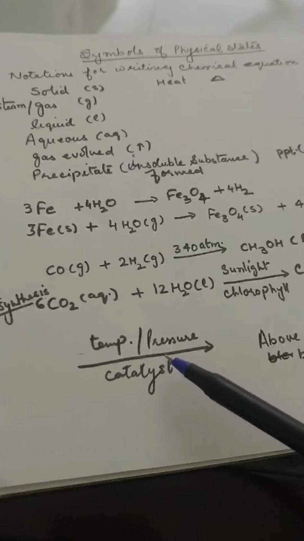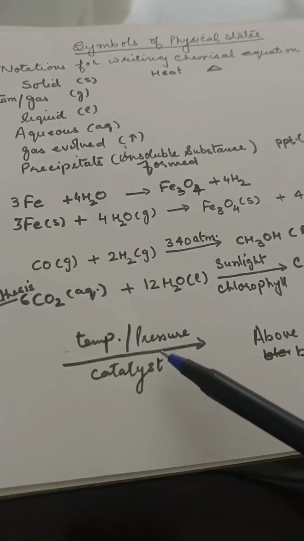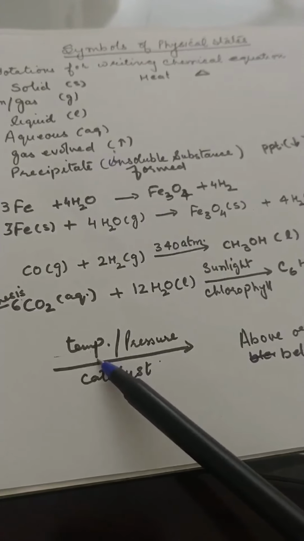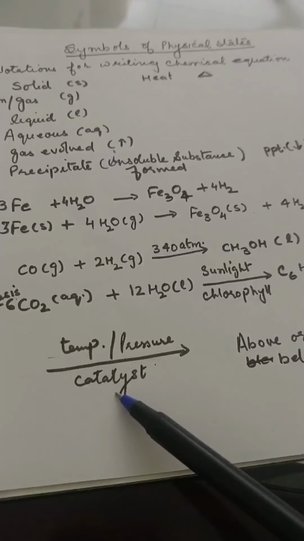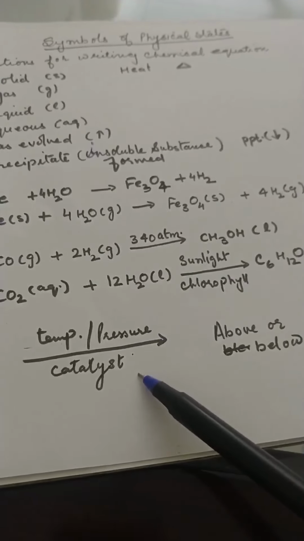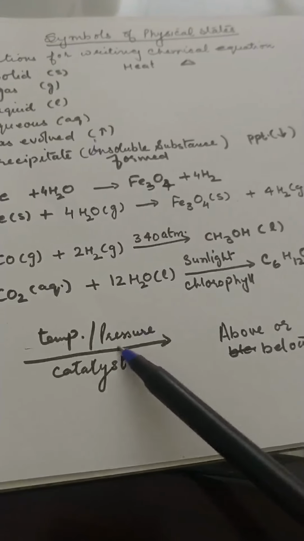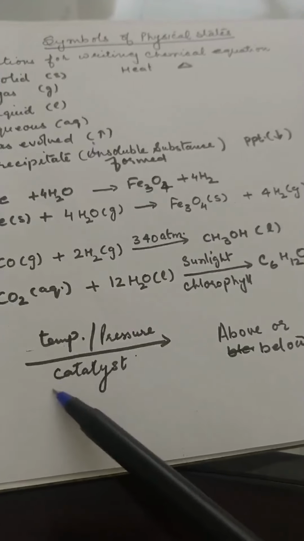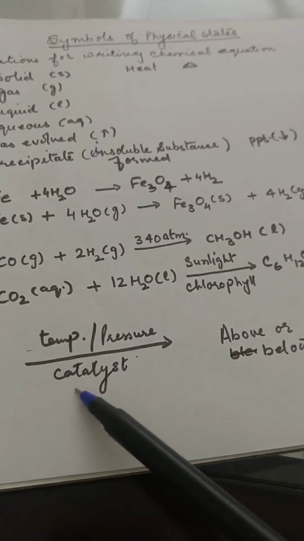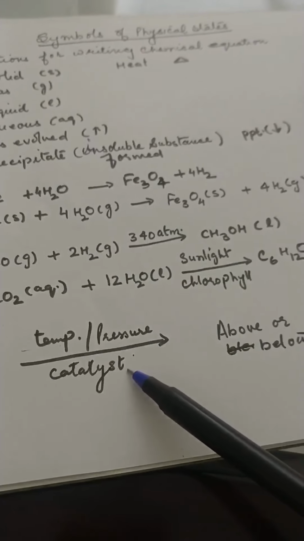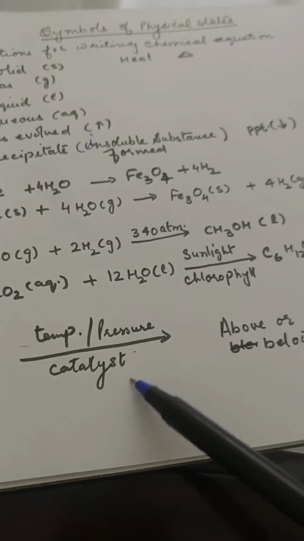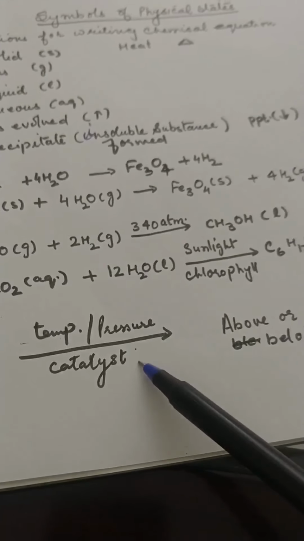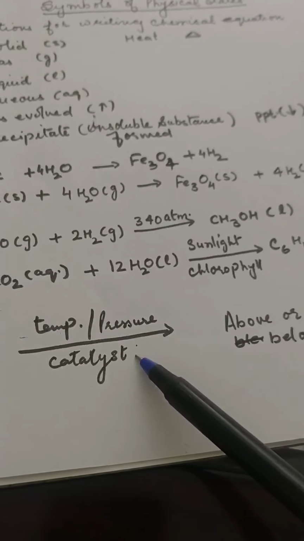So it means sometimes the reaction conditions such as temperature, pressure or catalyst are indicated above or below the arrow in the equations. What is a catalyst? We will learn about it in detail in other chapters, but I'll tell you, a catalyst is a substance which does not take part in the chemical reaction but helps in the progression of the chemical reaction.